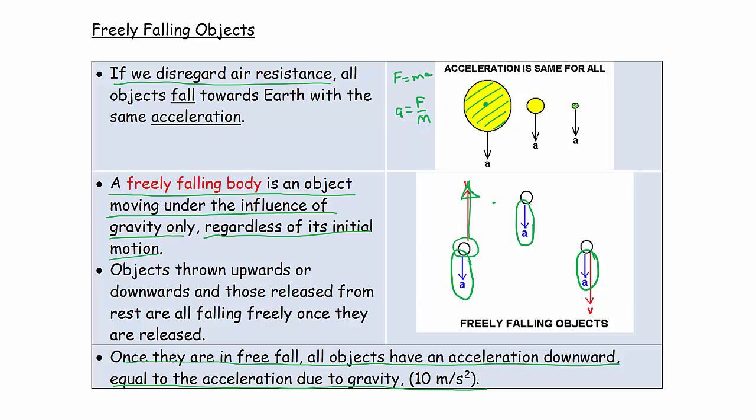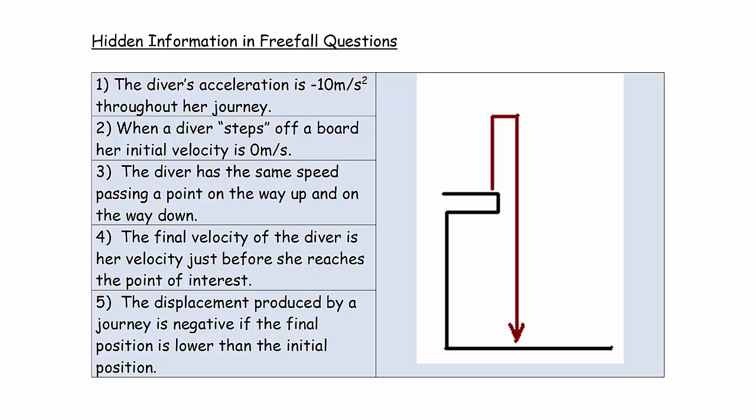So A is equal to F over M. So yeah, big force, but a big mass. So it cancels to 10, pointing downwards. And this is a tiny force, but a tiny mass. And so it cancels to 10, pointing downwards. At this stage, just know the acceleration due to gravity is minus 10 meters per second squared.